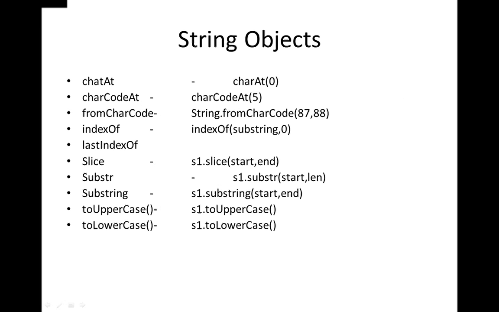You can get a part of the string with the help of slice, substring and substr, and of course you can change that particular text from lowercase to uppercase if you want.